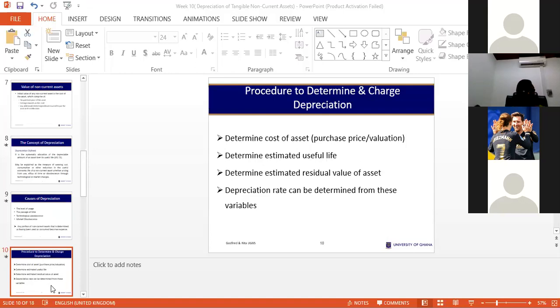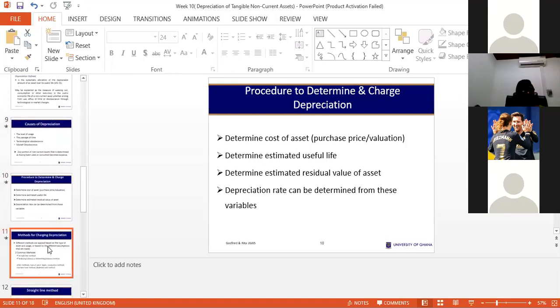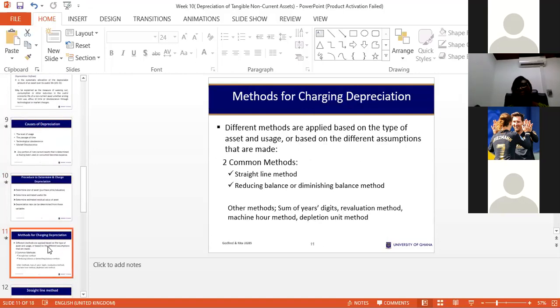Now there are various methods that we can use, depending on the type of asset and the usage, based on the different assumptions that we'll make.